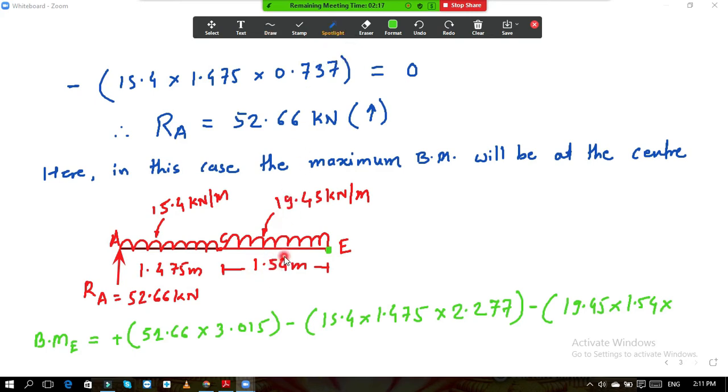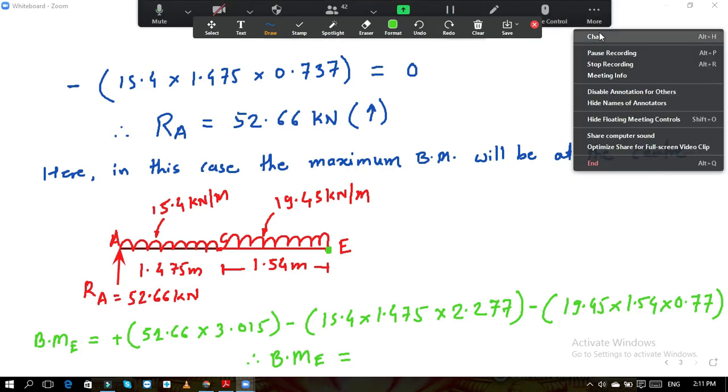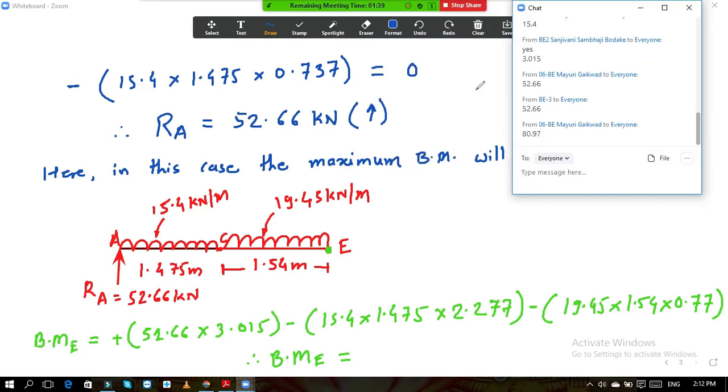So center means what? 1.54 divided by 2, so it is 0.77. Again, okay, so therefore bending moment at E is equal to, if you solve, you will get the value of bending moment at E. Let me know the answer.